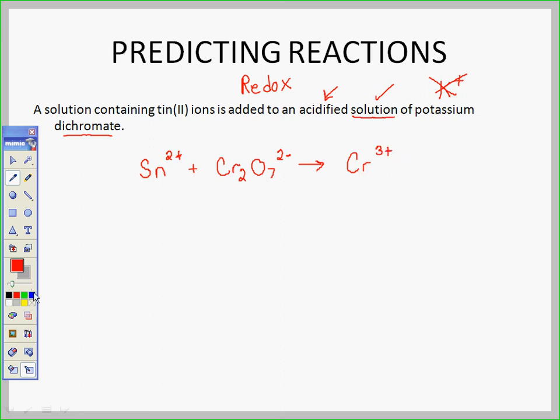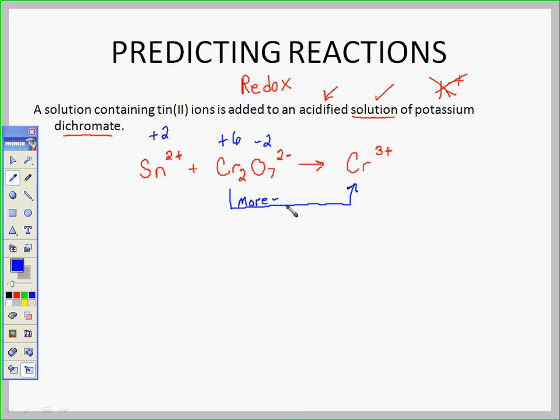Now, what's not obvious yet is whether this is a reduction or an oxidation. So let's assign numbers. I have +2. This is -2, which leaves chromium as +6. So in this case, this became more negative.